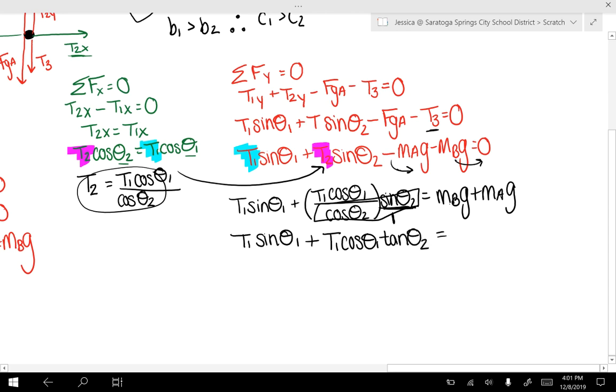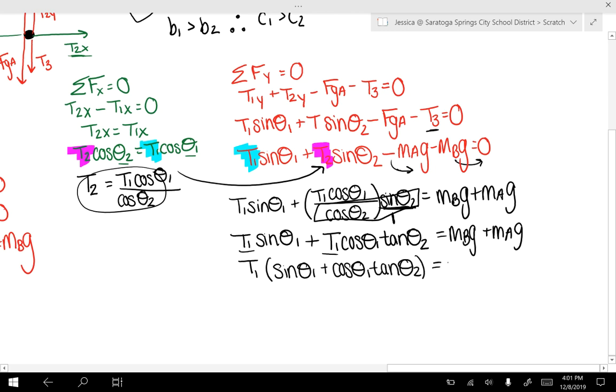It just makes the equation look a lot nicer. Equals MBG plus MAG. All right, we're solving for T1, so we have to factor out a T1 from both of these. So sine theta 1 plus cosine theta 1 tan theta 2 is MBG plus MAG.